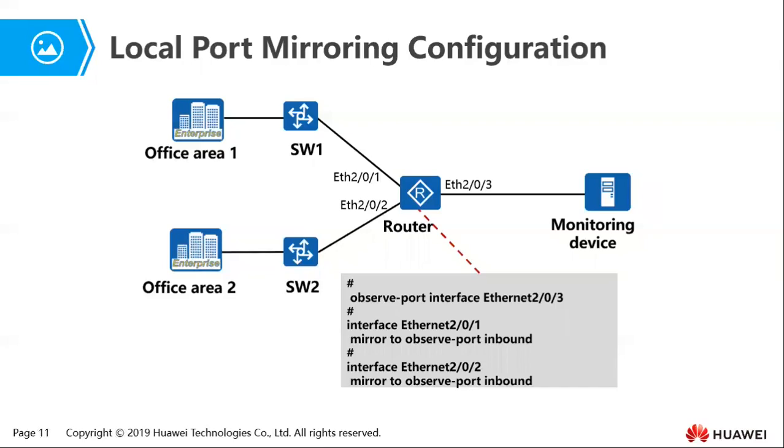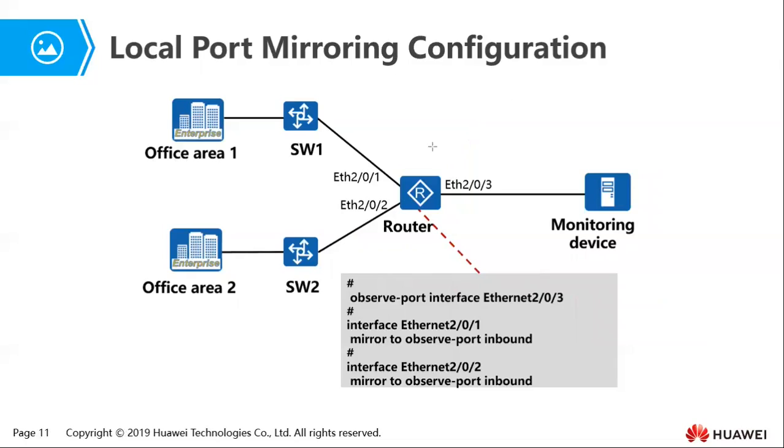For the observing port, this is the command: observe-port. It should be in system view. Then int, then the name and the number of the interface that you want to configure as the observing port. So that is how you configure an observing port. Remember, we are doing this configuration on the router.